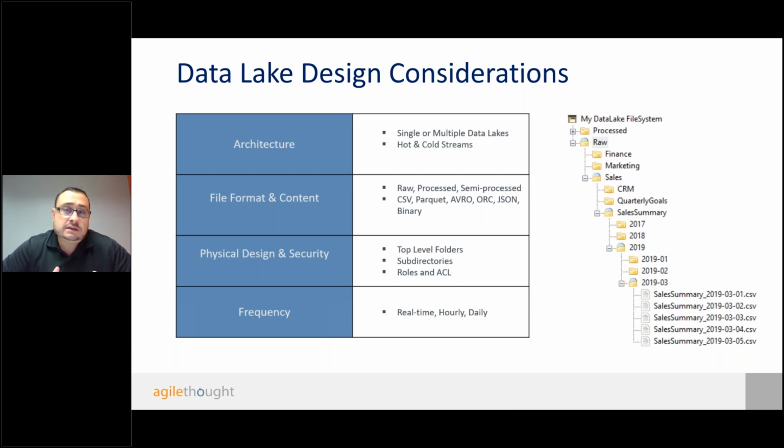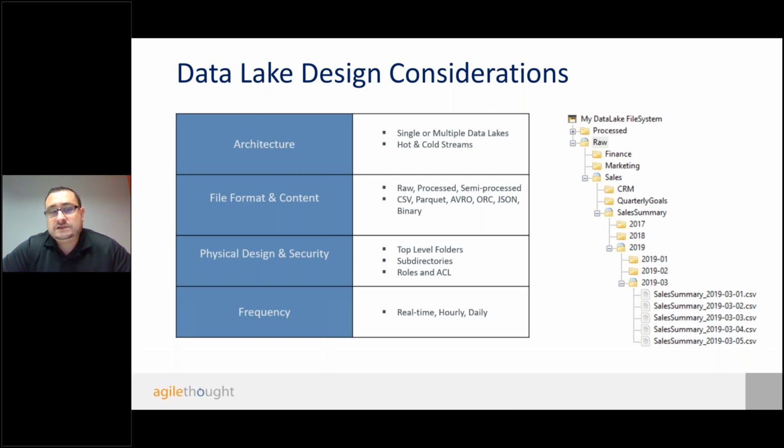And then you have to also consider the security aspect. How are you going to secure the data? Are you going to open up the entire data lake to the entire organization? Or are you going to be very prescriptive on who has access to what different type of folders? And you can achieve this now with roles or access control lists, just like in regular file systems.